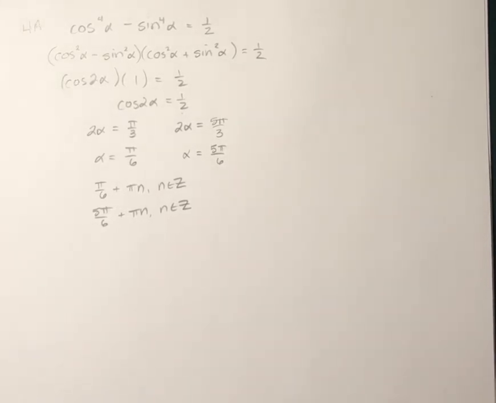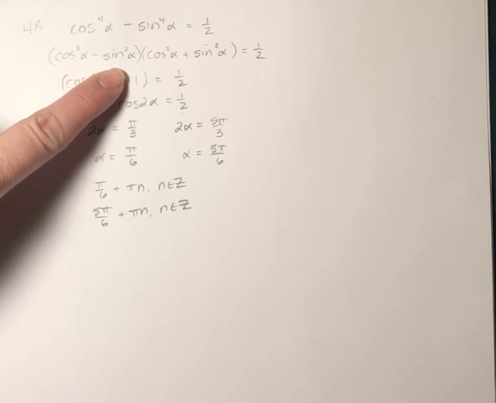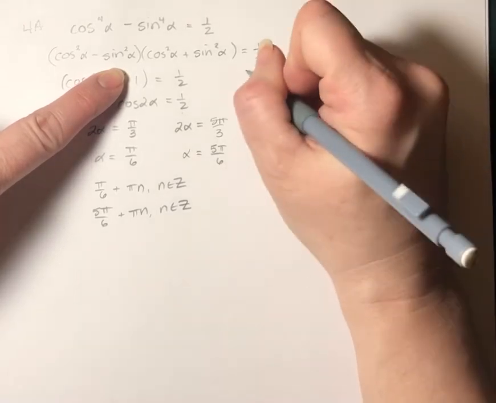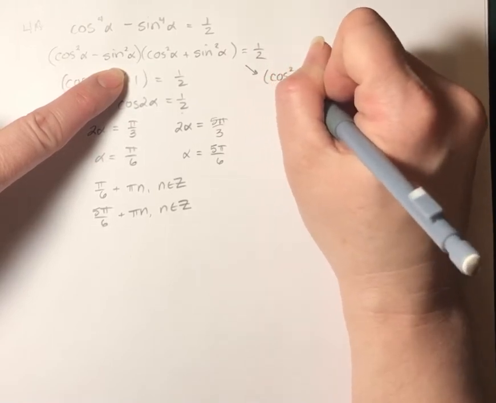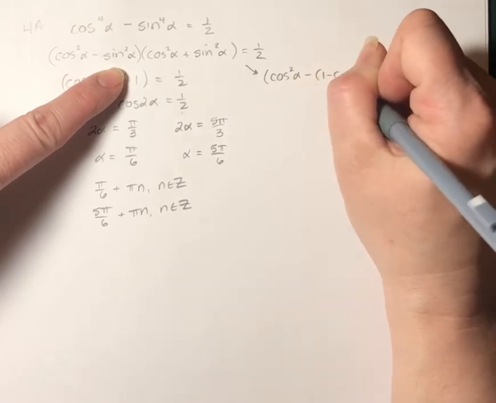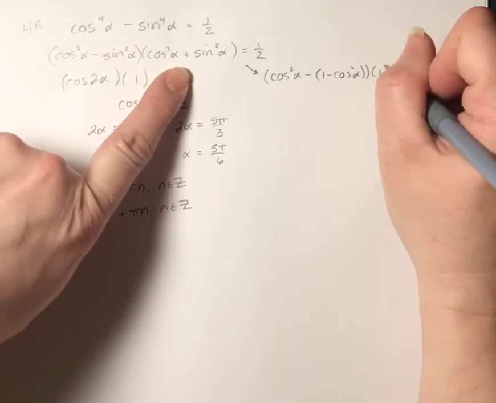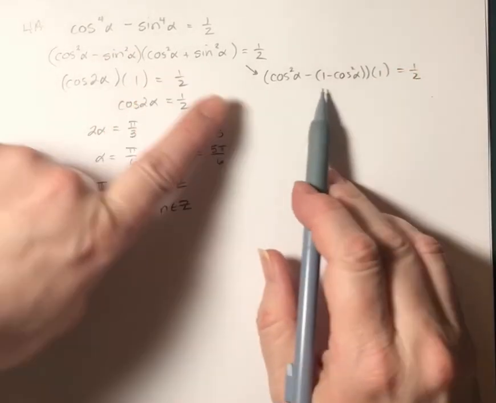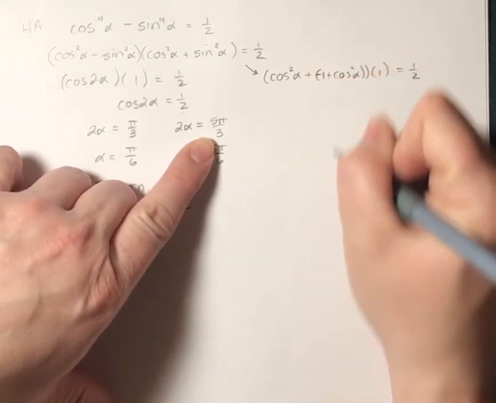Now, if another person way back up here changed, actually I'm going to change sine squared to 1 minus cosine squared. So I'm going to do this problem a completely different way. So I have cosine squared minus 1 minus cosine squared, and then this is going to equal 1 still. If I distribute that negative, this becomes a negative and this becomes a positive.